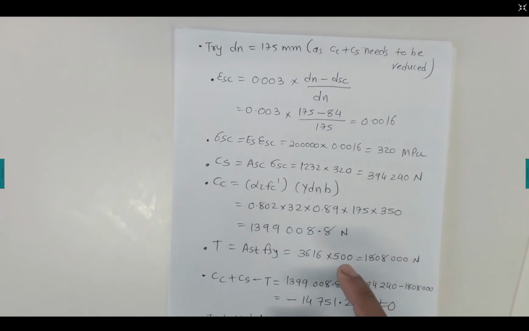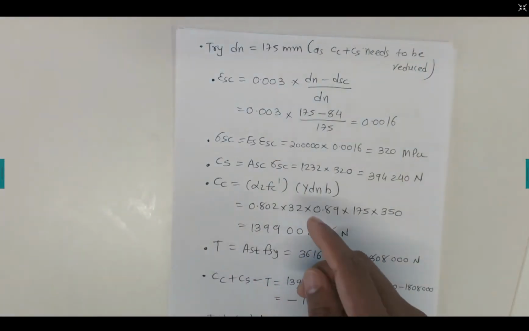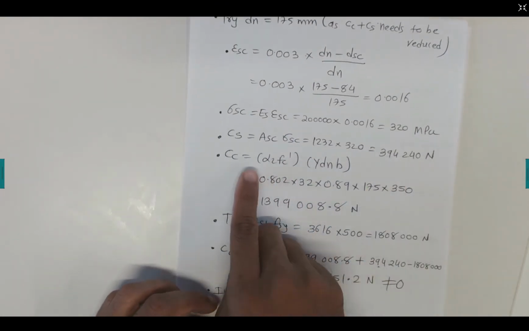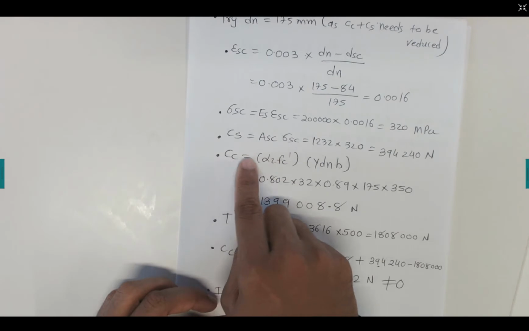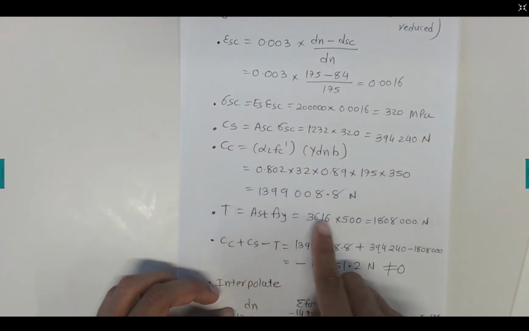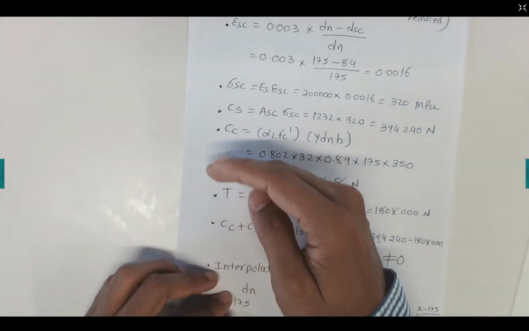We get the area, 1232, Asc, from the previous videos, and the stress is here, which gives this big number. Again we calculate the compression force in the concrete, the procedure is just repeating. The tensile force is not changing, we have 1,808,000. Again we are going to check by summing all these three forces.